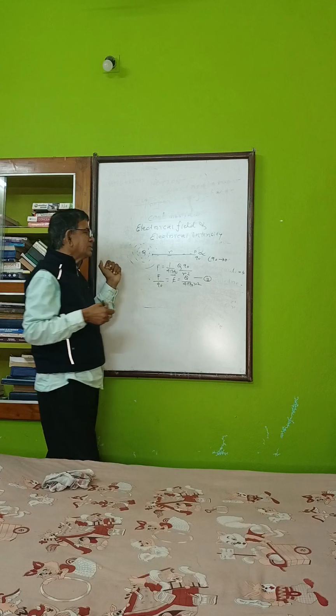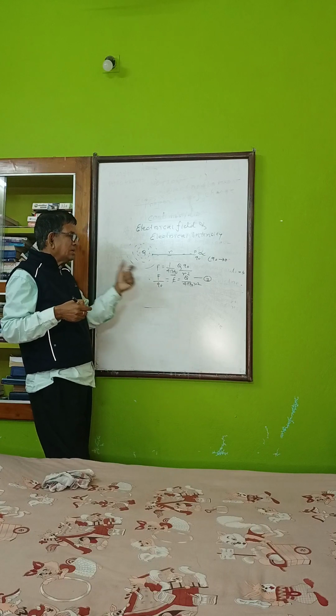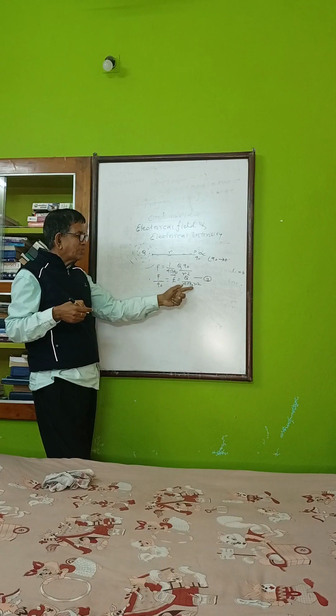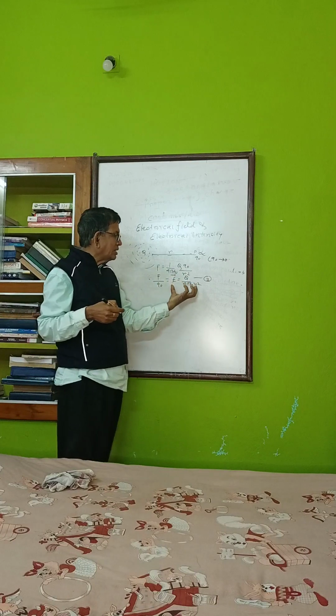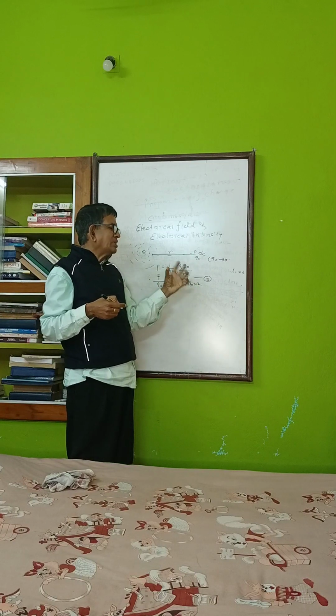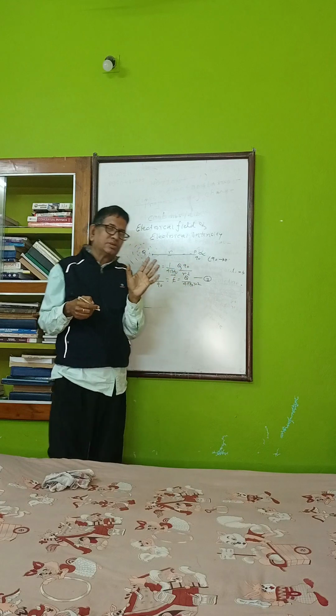My point is that this E equal to Q by 4 pi epsilon naught R square is for discrete charges.